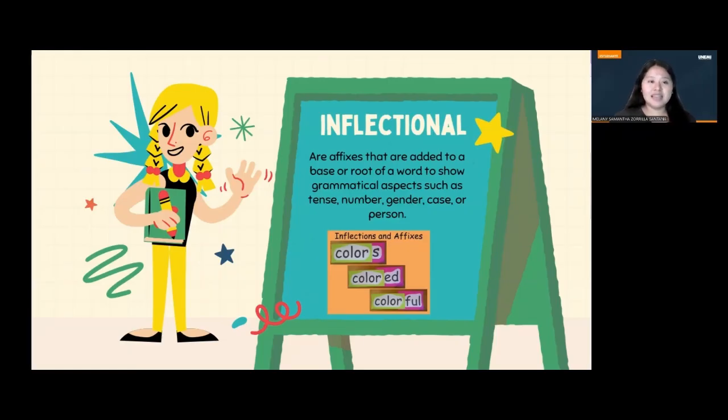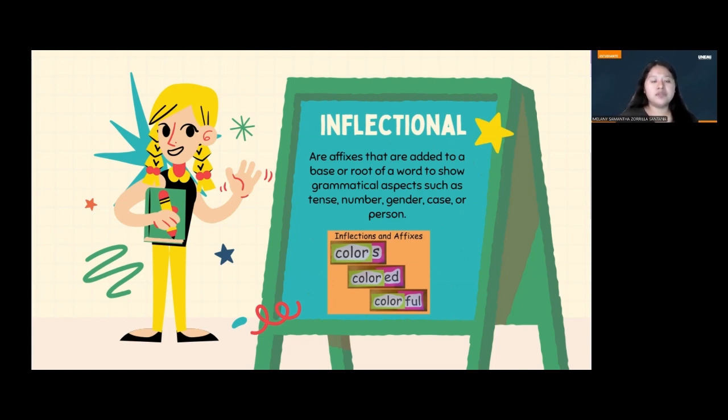Hi, my name is Melanie Zorrilla. Inflectional morphemes are affixes that are added to words to show grammatical aspects, such as number or person. Unlike derivational affixes, they do not change the grammatical category or the essential meaning of the word.